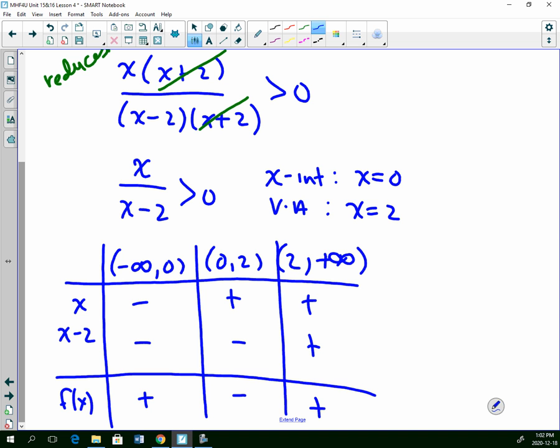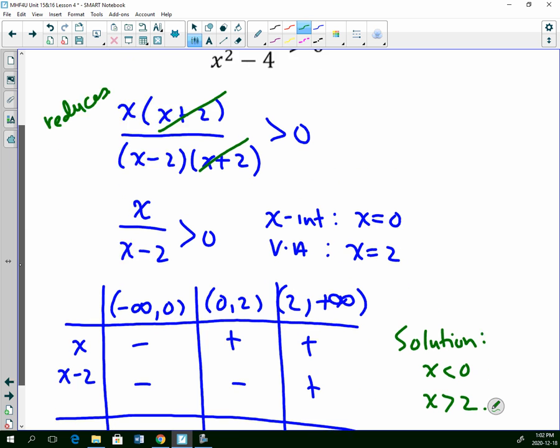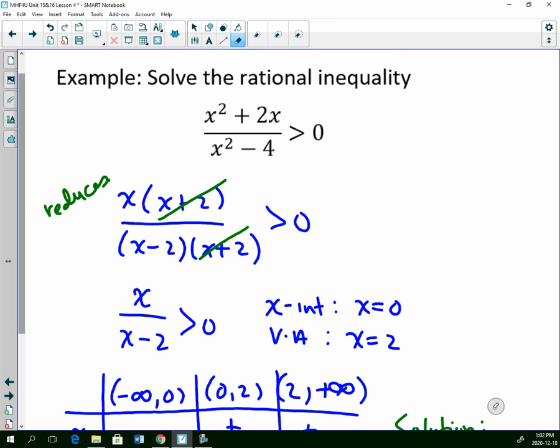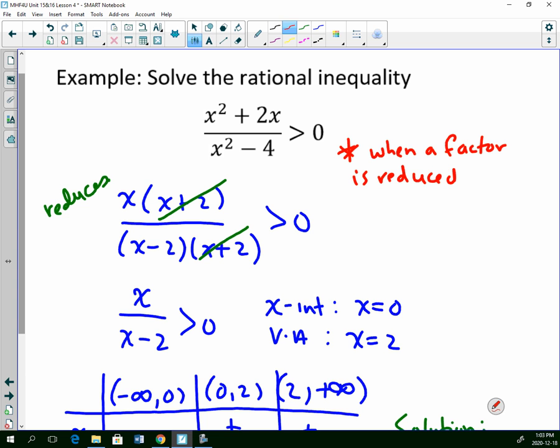So my solution is, where is it greater than 0? It's greater than 0 at less than 0 and greater than 2. But what about this factor that was reduced? So when a factor is reduced, because normally when I look at this, I would expect it to have 2 vertical asymptotes.